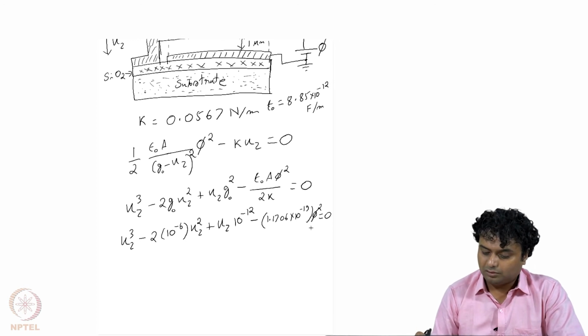If you put phi equal to 0, then it becomes uz cube minus 2 into 10 to the power minus 6 uz square plus uz into 10 to the minus 12 equal to 0. So uz goes out, so you get uz equal to 0 as one root and uz equal to 1 micrometer as another root.